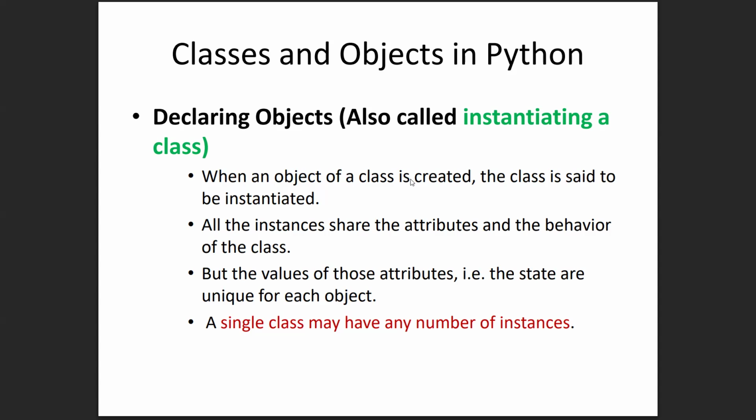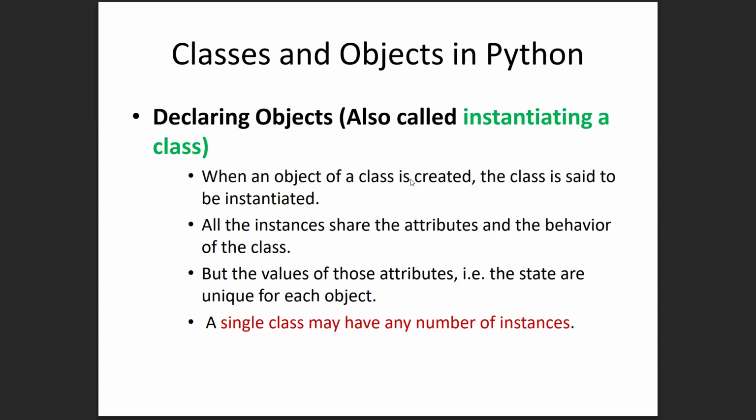So the instances that are present will share whatever properties and behaviors the class has. Suppose you have created a class; the instances will share the attributes and behavior the class is holding.